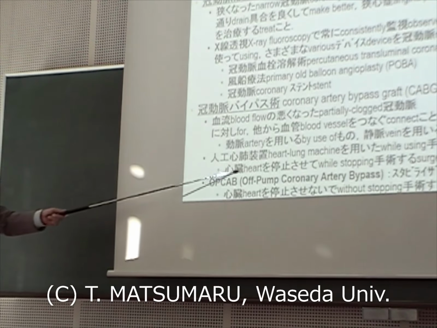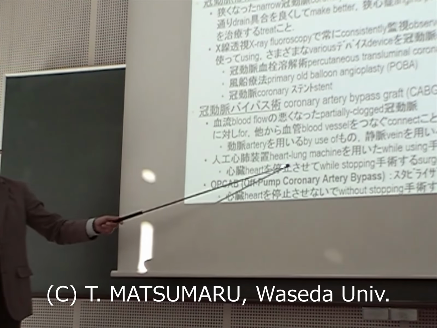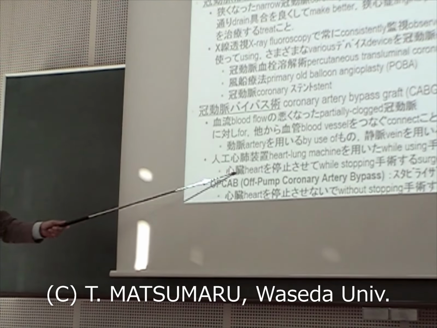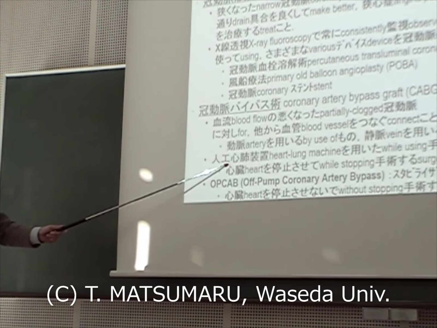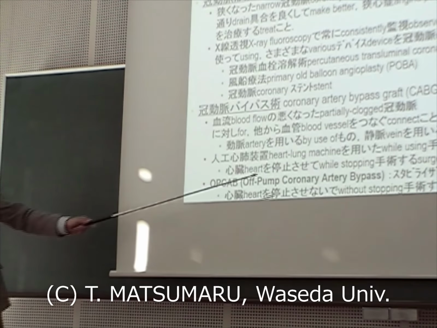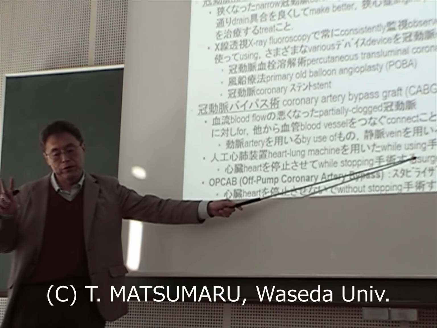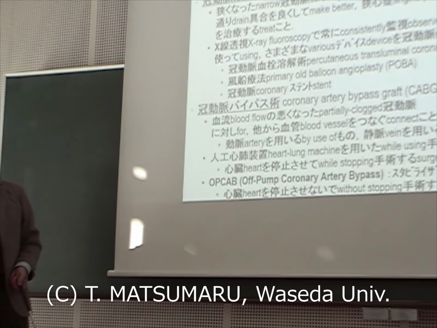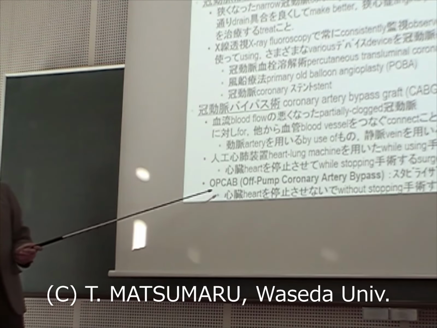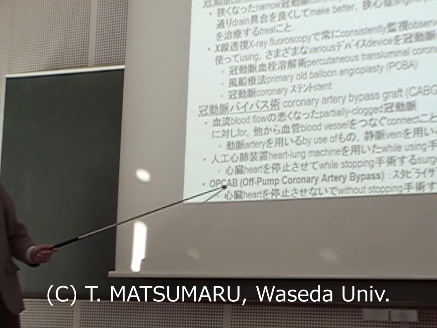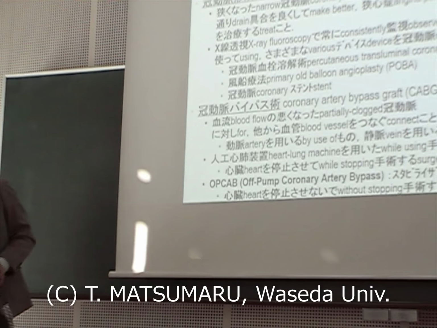While the heart is stopped, the heart operation is reduced. So some other methods use a stabilizer to reduce the heart movement, and also some pumps are used in place of the natural heart.